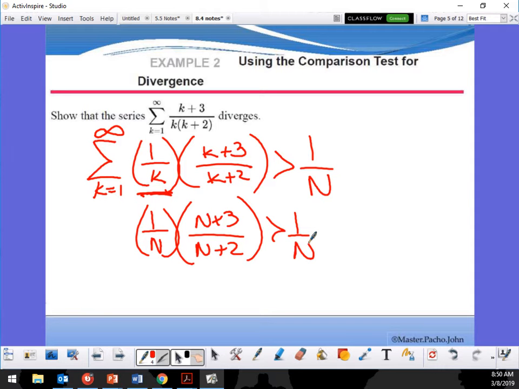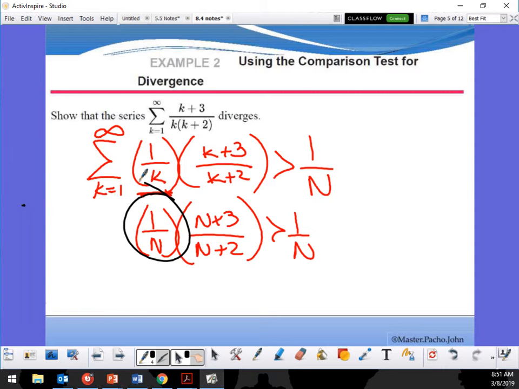Okay, so if it was less than 1 over n, that should converge, right? Okay, so now, what do we know about the 1 over n? It's harmonic. There's my harmonic, right? That piece right there is harmonic, isn't it?